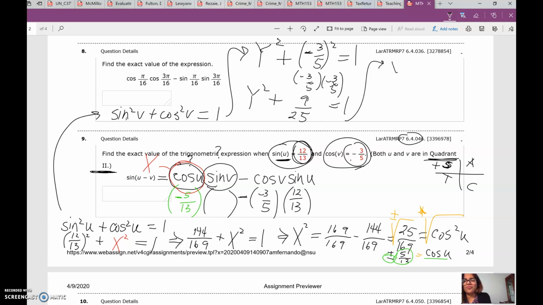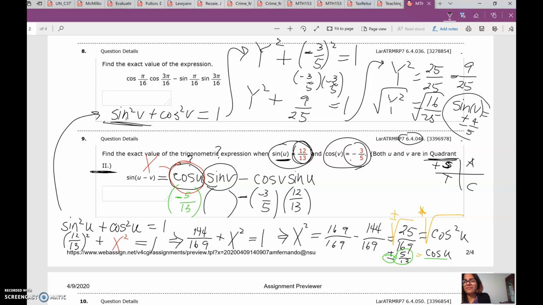And so we end up with y squared equals, we'll write the number 1 as 25 over 25 minus 9 over 25, which will give us 16 over 25. And since we're looking for y, we'll take the square root of both sides, and y is in fact sine, so we get the sine of v equals plus or minus 4 over 5.